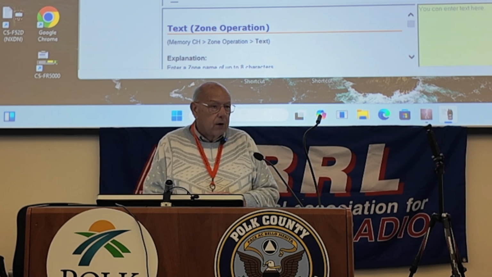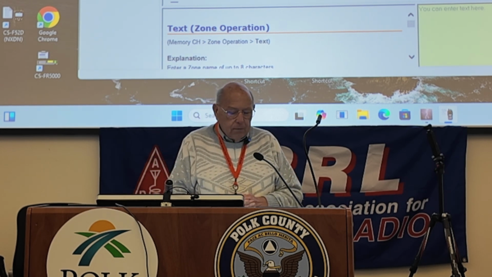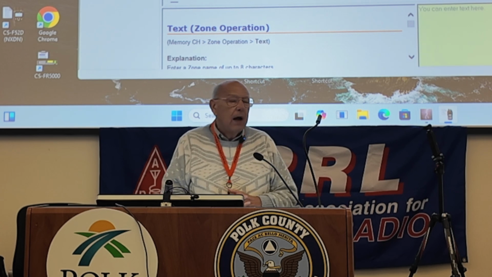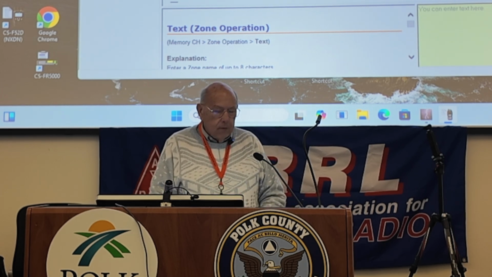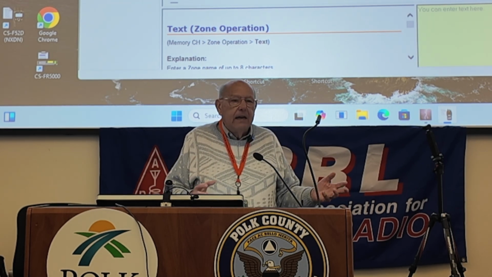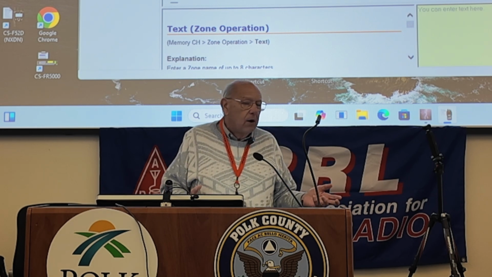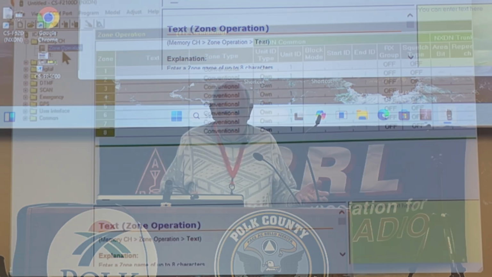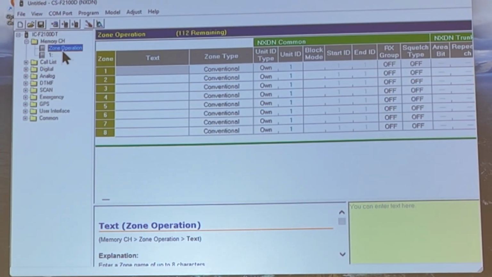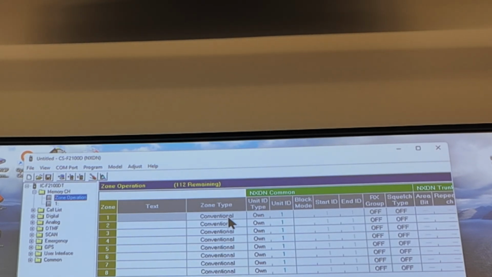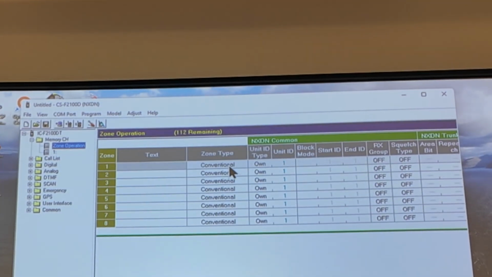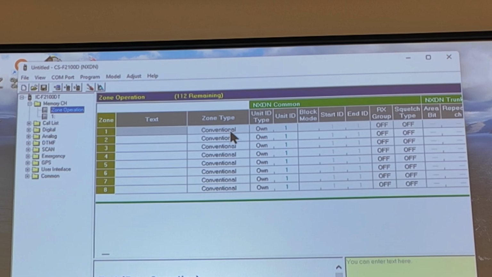So the first screen we're going to look at here is memory channel and zone operation. All right, we have not done anything in terms of defining any of our zones at this point, so we've got a fresh slate. And by default, you'll notice that under the zone type, it says conventional. And your radios at this point are programmed that way. They are all conventional zones.